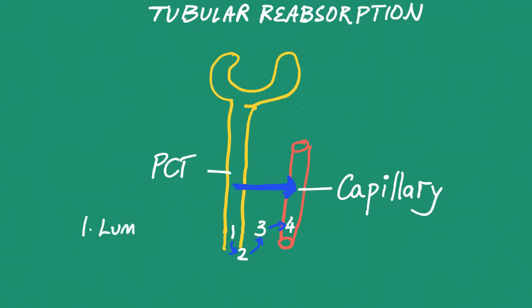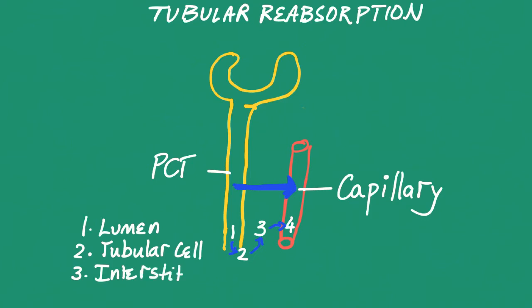So let's write those things down. 1, lumen, 2, tubular cell, 3 is the interstitial fluid, and 4 is the capillary. So molecules must enter the tubular cell, leave the tubular cell, and enter the capillary.